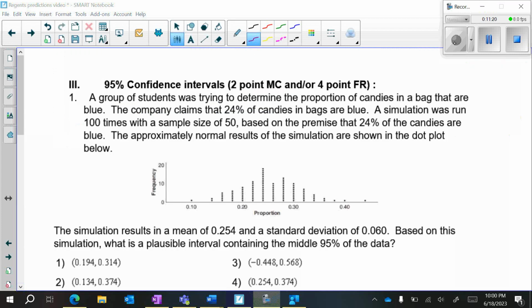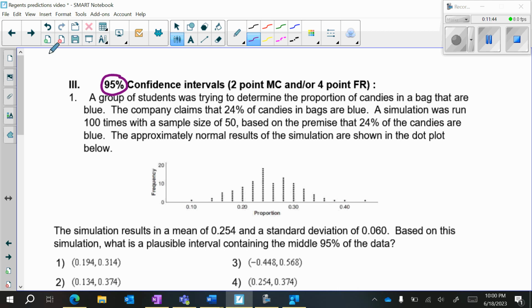All right, so the next big topic that's always on the Regents is a 95% confidence interval. When you're doing a 95% confidence interval, you need to memorize a formula for it, or understand the concept of 95% confidence with respect to the bell curve. We just went over the bell curve.